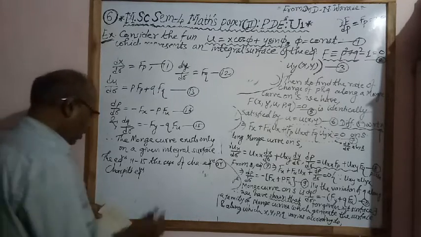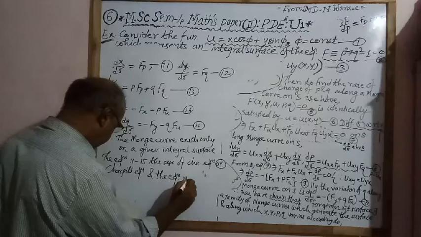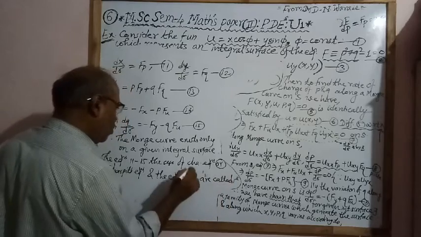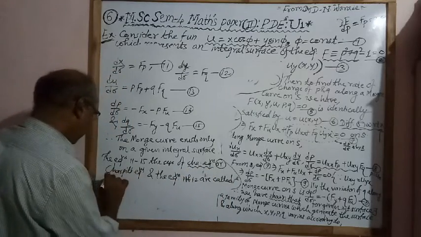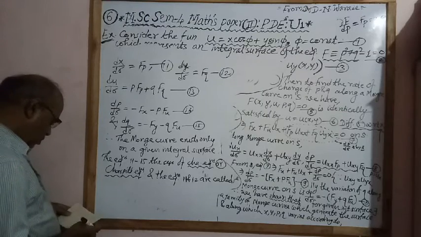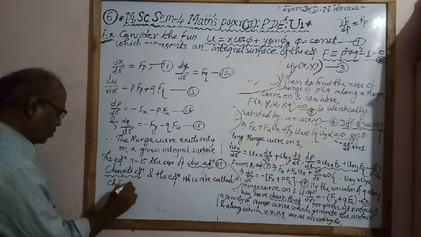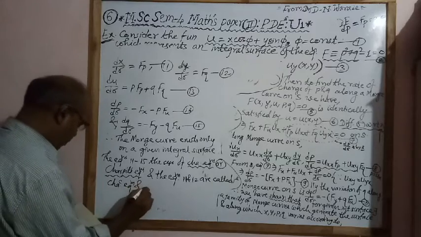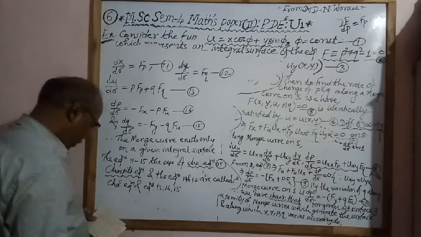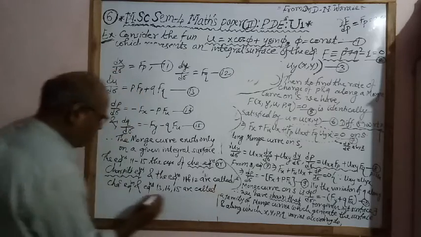The equations 11 and 12 are called characteristic equations, and equations 13, 14, 15 are called compatibility conditions.